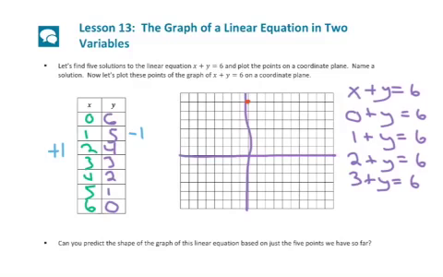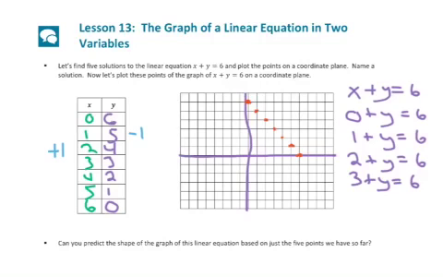My dots aren't really working so nicely. Then (1, 5), (2, 4), (3, 3), (4, 2), (5, 1), and (6, 0).